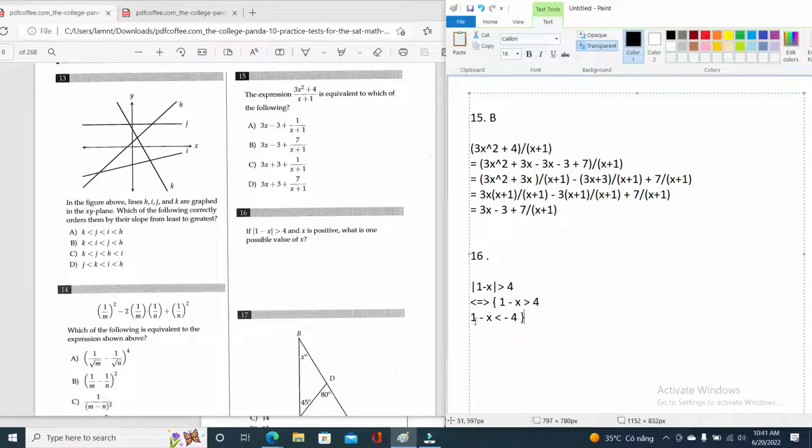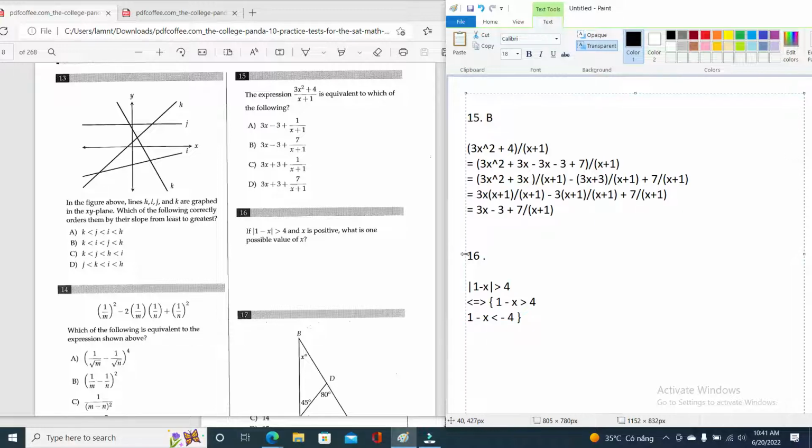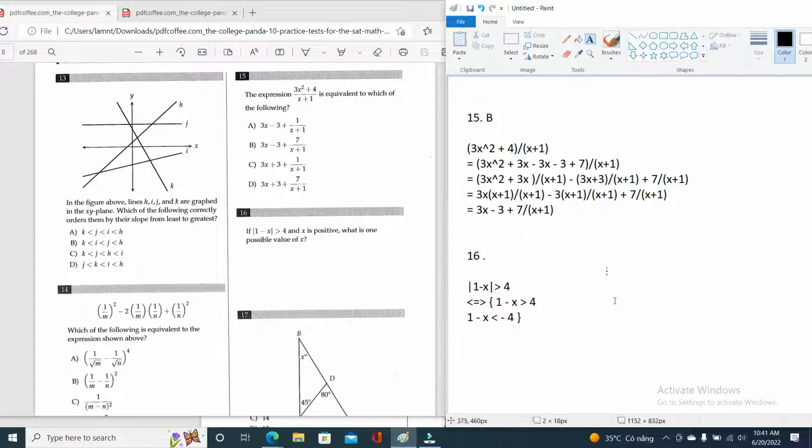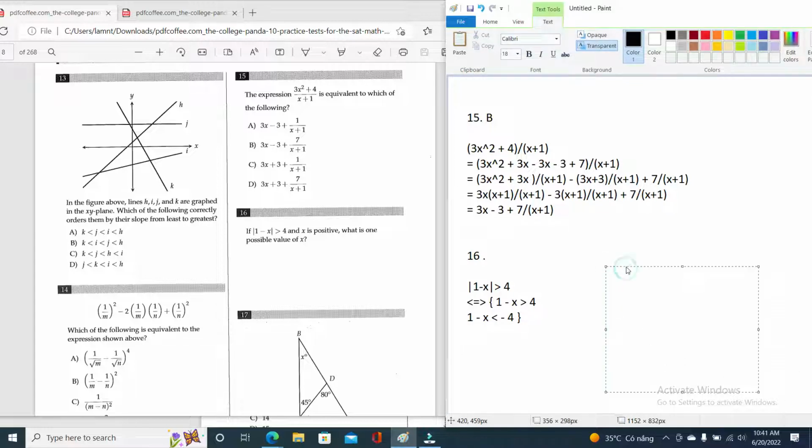So this is actually equivalent to x smaller than negative 5, or x bigger than, so we plus 4 on this side, bigger than 3.